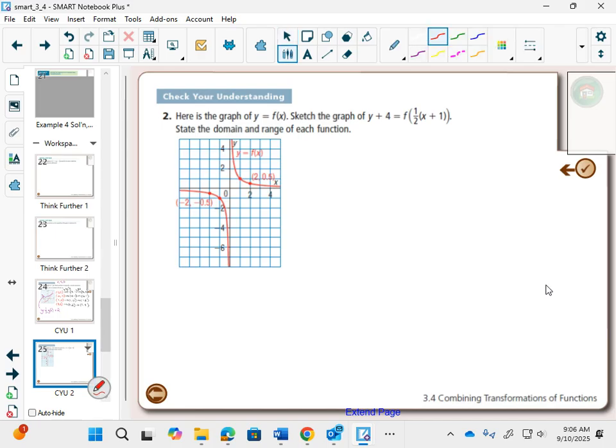First of all, I would like you to add to this graph, because it does have asymptotes even though they're not drawn in. I would like you to draw them in and label them at x equals 0 and y equals 0. And maybe you even recognize what graph this is.